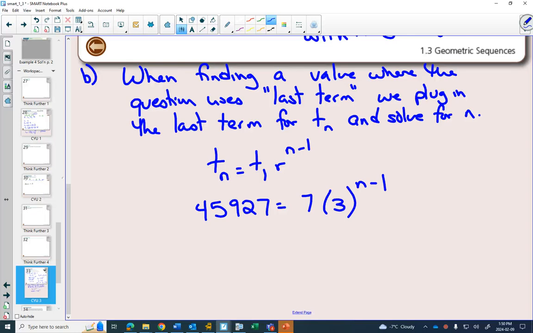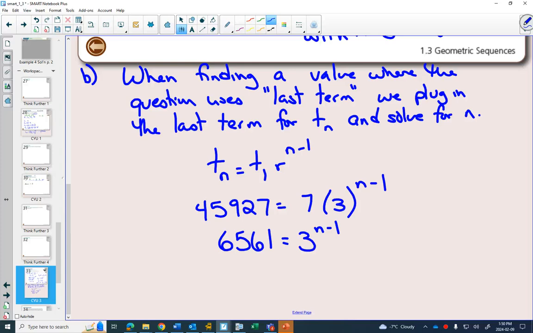So divide both sides by 7. And we get 6,561 equals 3 to the n minus 1.